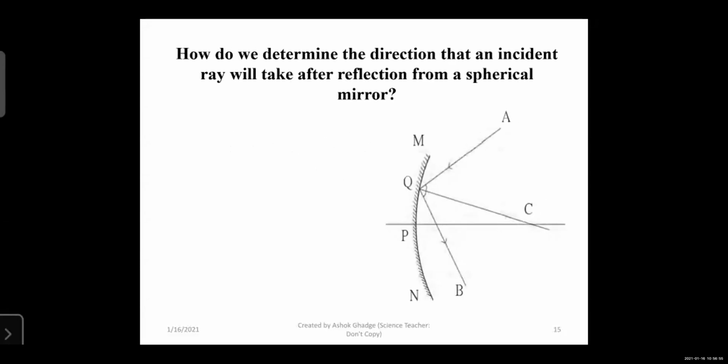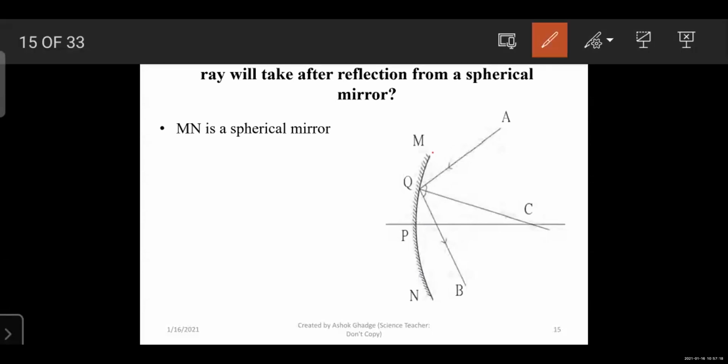Now, how do we determine the direction that an incident ray will take after reflection from the spherical mirror? MN is the spherical mirror shown in the picture. It is coated with aluminum or silver coating.